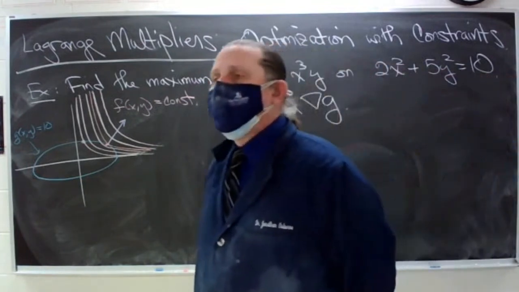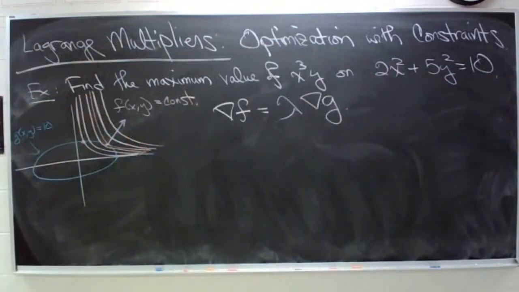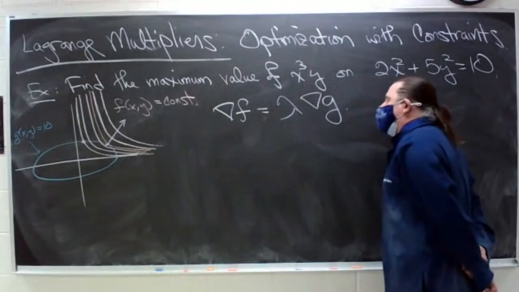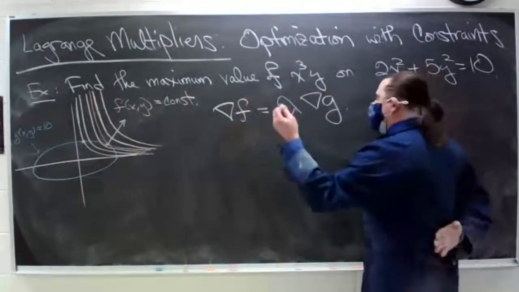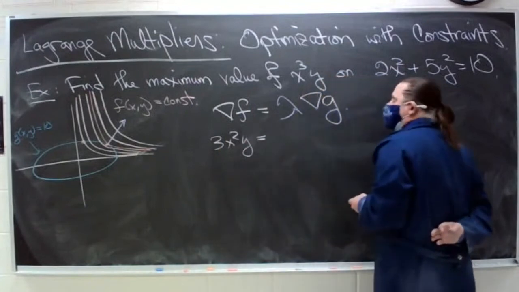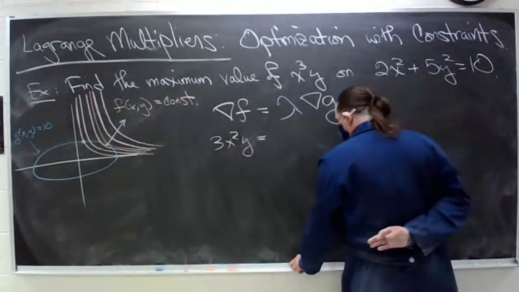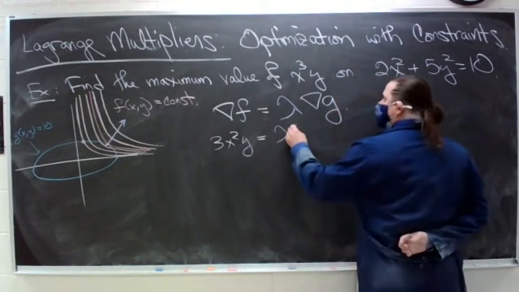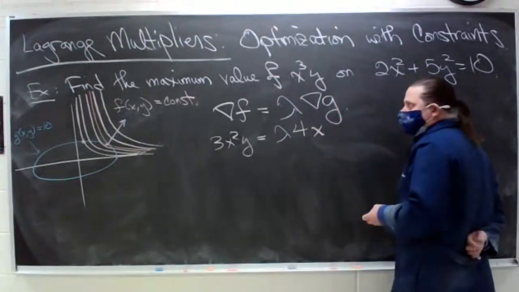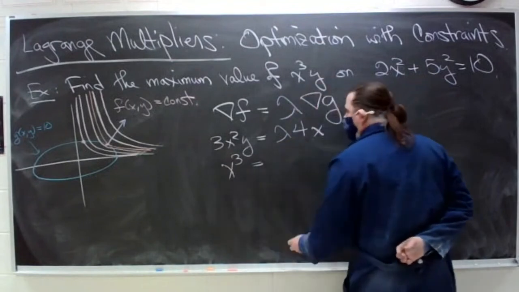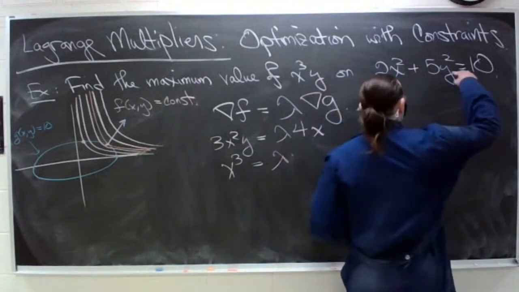This lambda is the Lagrange multiplier. Okay? If I wanted to solve the problem, we just solve it right now. f_x equals lambda g_x. f_y equals lambda g_y.